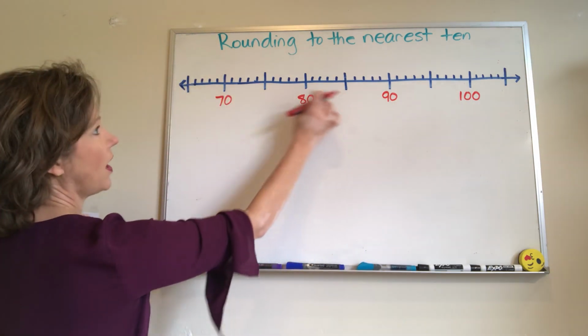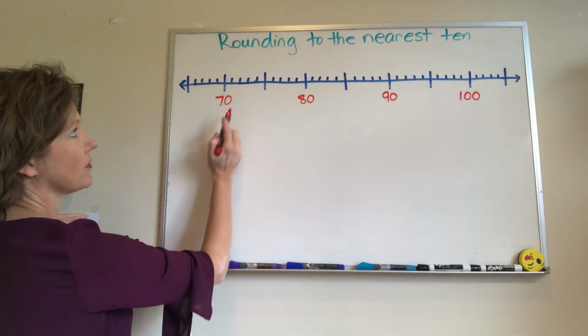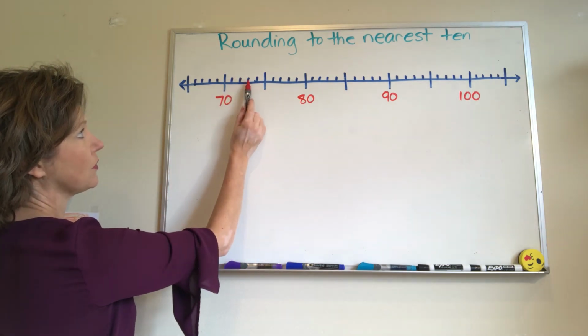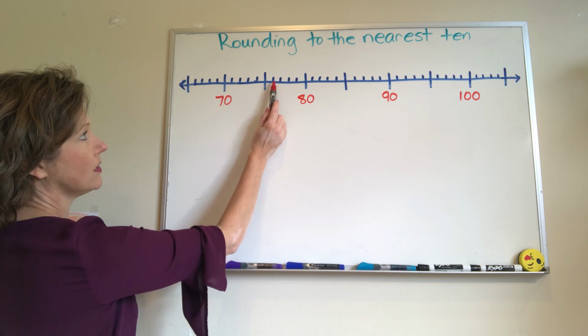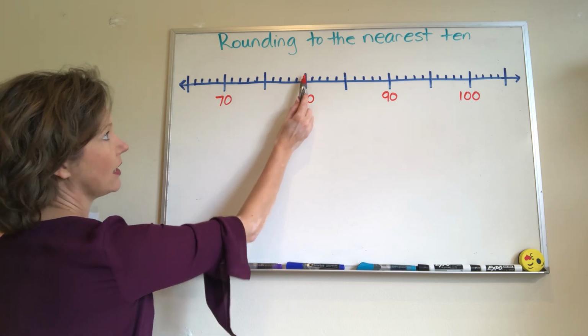Well, if these are the fives, let's see what the little tick marks would be, ones. 71, 72, 73, 74, 75, 76, 77, 78, 79, 80.